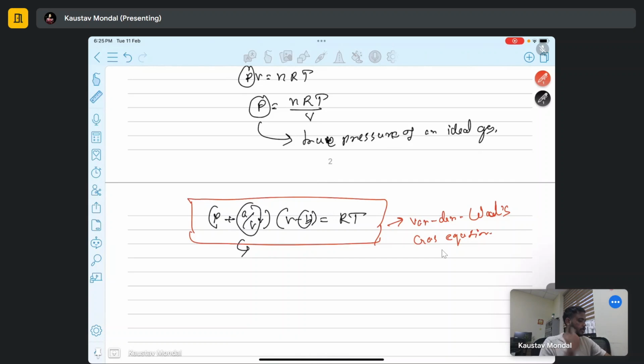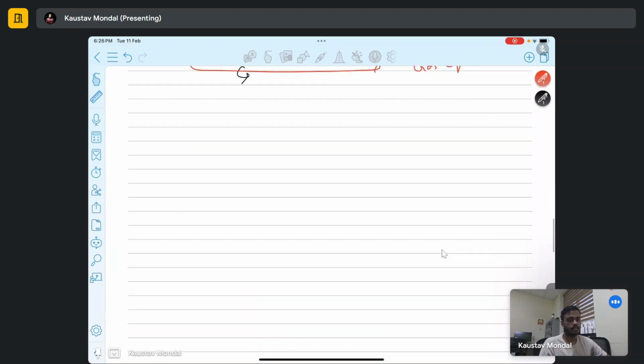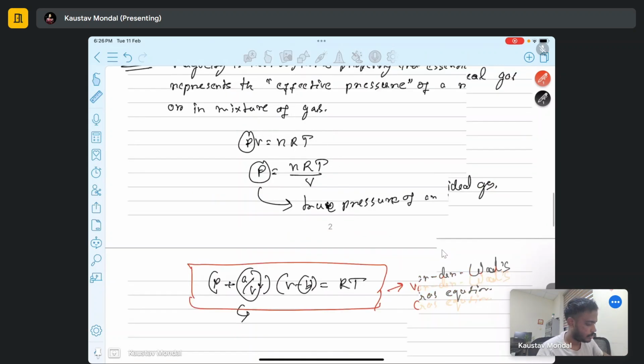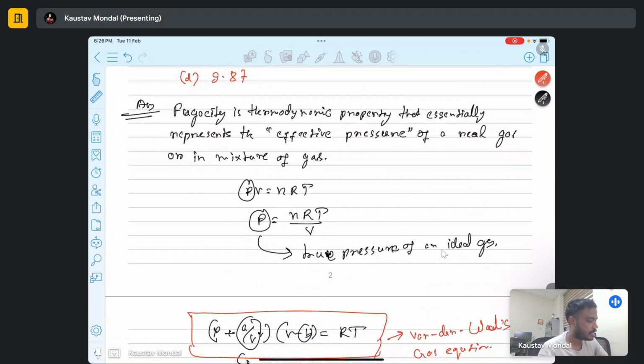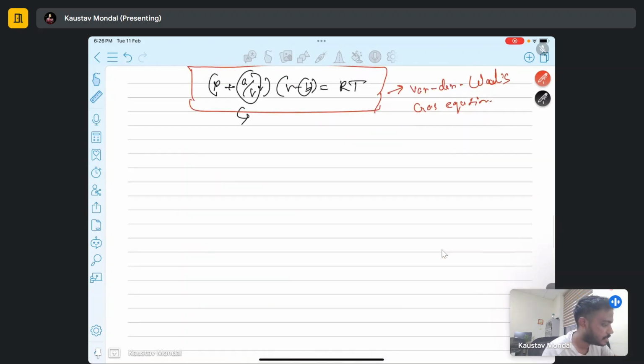Now when you consider all of these things, the correction of the pressure terms, F is basically the corrected effective pressure, that means the pressure value after the correction. That is represented by fugacity.